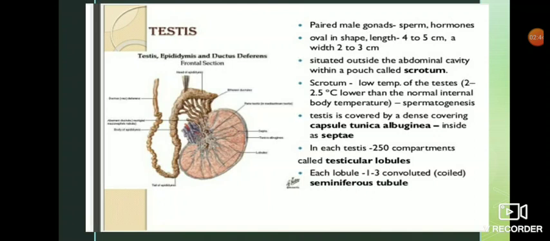In adults, each testis is oval in shape with a length of about 4 to 5 centimeter and width 2 to 3 centimeter. The testis is covered by a dense covering capsule called tunica albuginea.